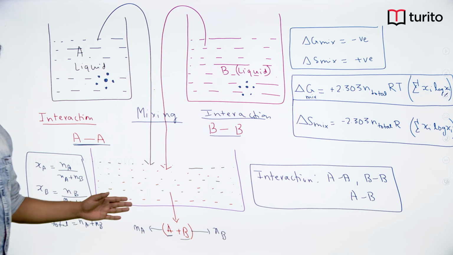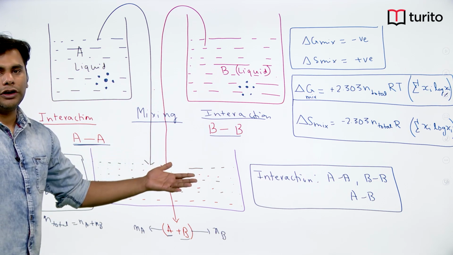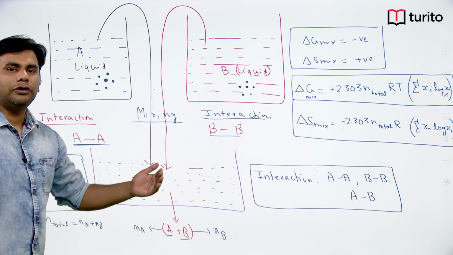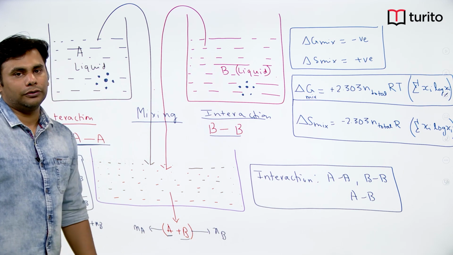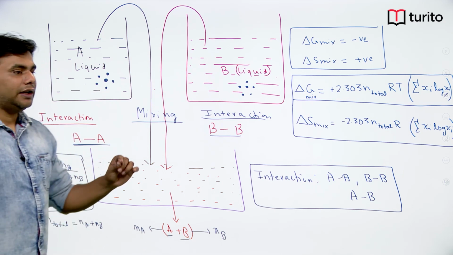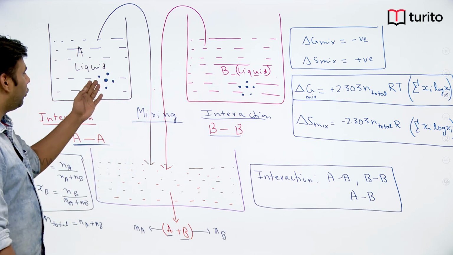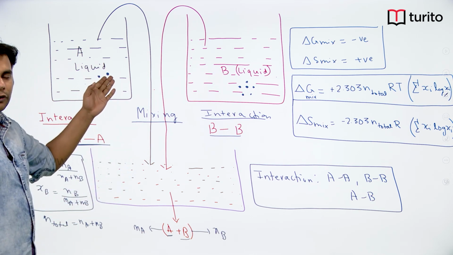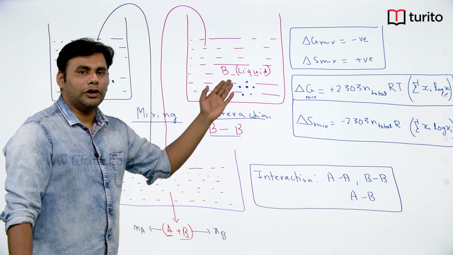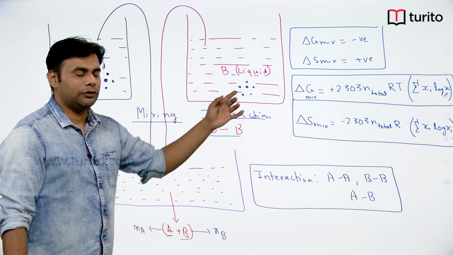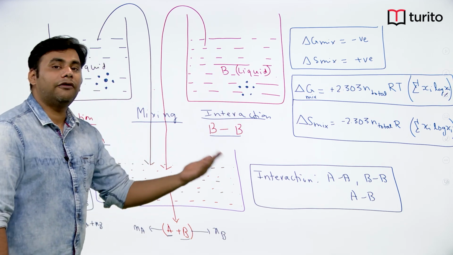Some A molecules would be surrounded by some B molecules as well as A molecules, whereas some B molecules would be surrounded by some A molecules as well as some B molecules. Okay. So what is happening? The environment of one molecule is changing, because initially only similar molecules were near it, but in the final solution a molecule would be surrounded by a different molecule as well.